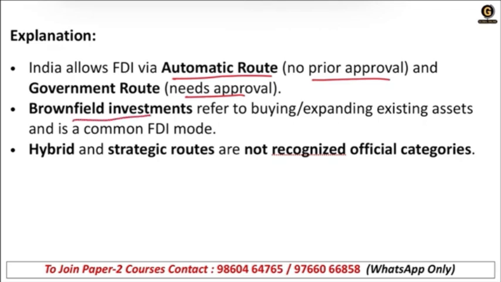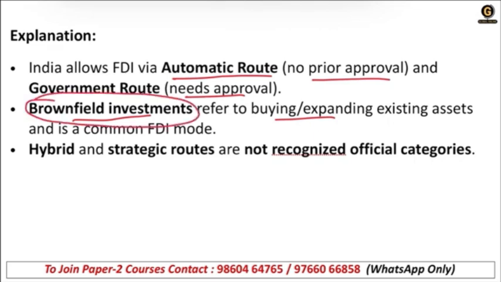Brownfield investment is a type of FDI, which refers to buying or expanding existing assets, and is common in FDI mode. Brownfield means you are acquiring an existing company or existing business. That is a type of FDI.